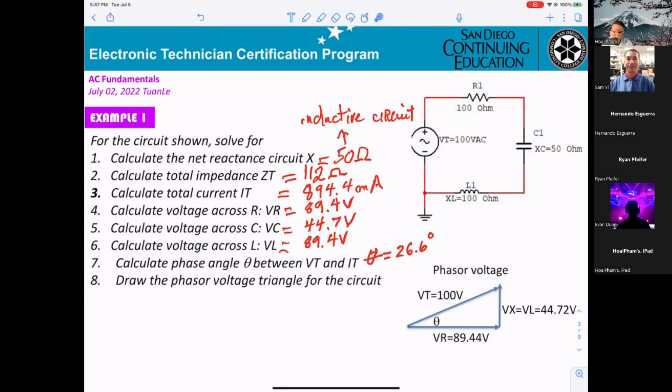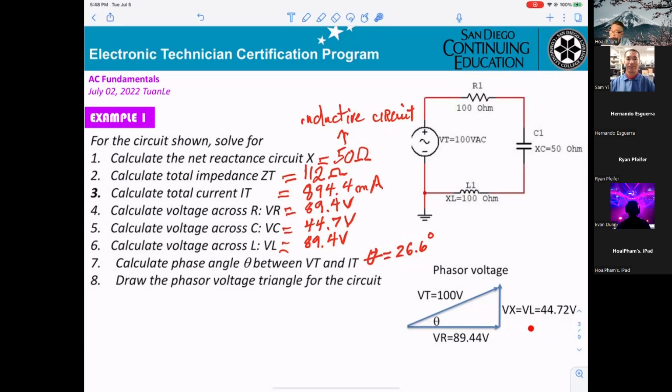How do we do it? First thing, normally they're using R, so you draw VR first. VR will have no phase difference. So all the time, R or VR, IR has to go at 0 degree.